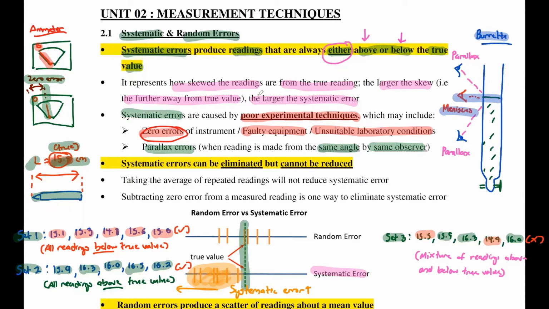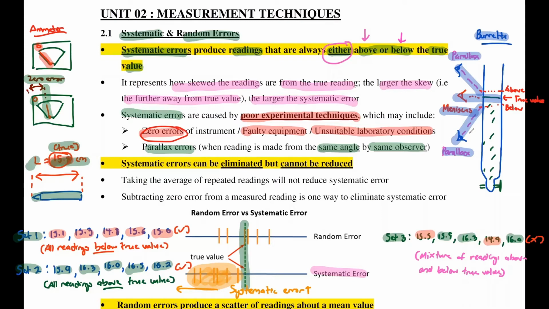However, because your burette is a very long pipe and is often mounted high above the bench, you will normally end up reading from the burette above the meniscus or below the meniscus, which in turn causes you to have parallax error. This would then lead you to have readings that are above or below your true value.